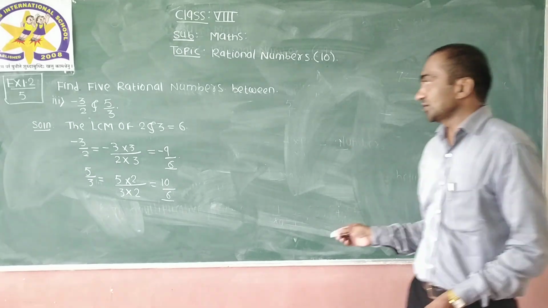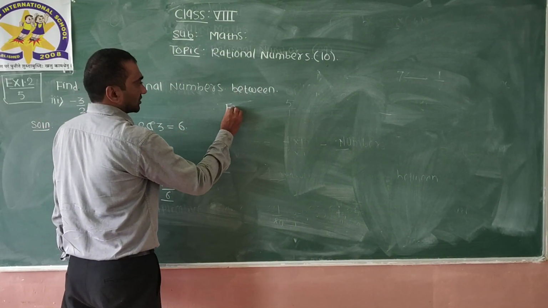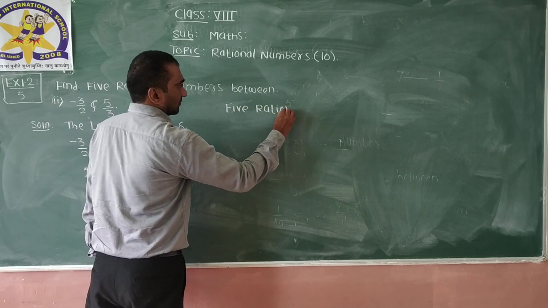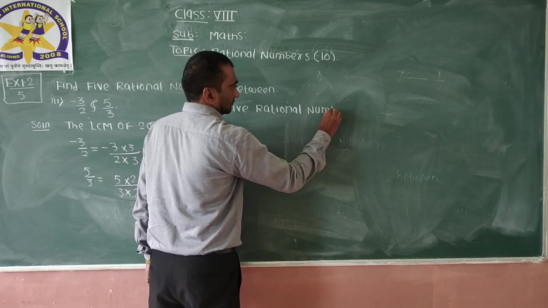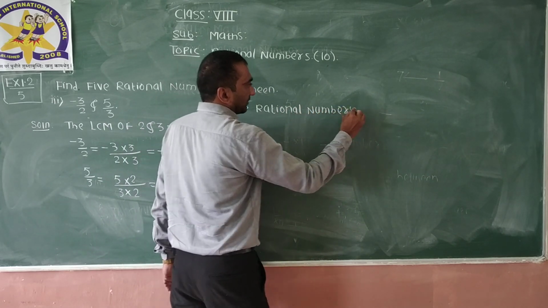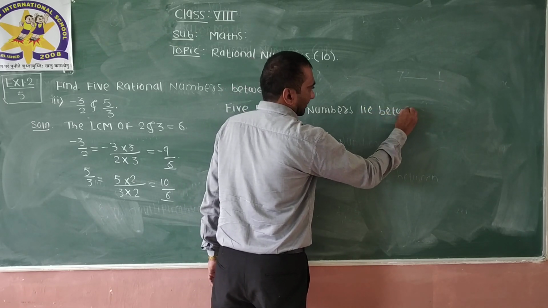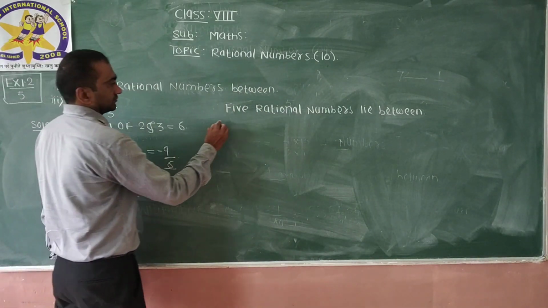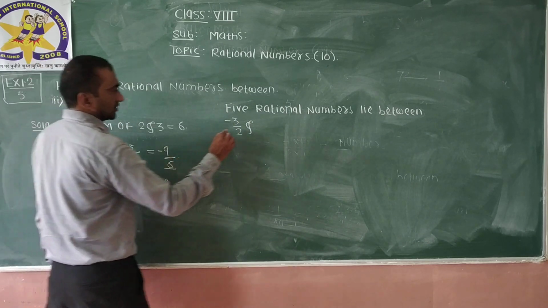Okay, now see how we can find it. Therefore, 5 rational numbers lie between minus 3 by 2 and 5 by 3.